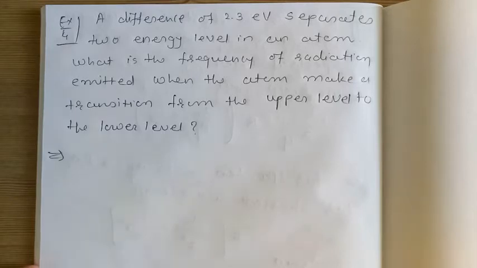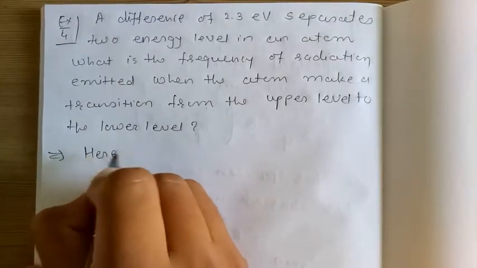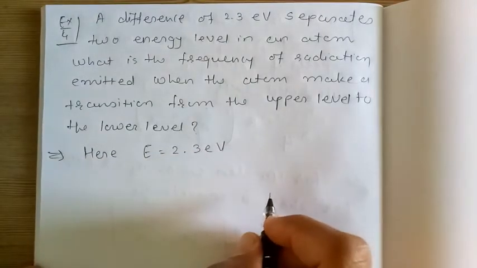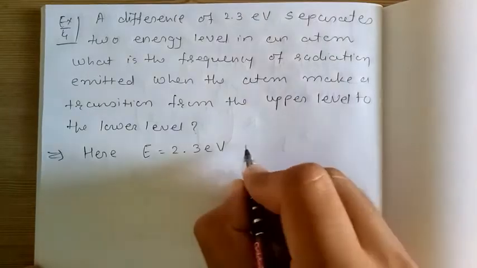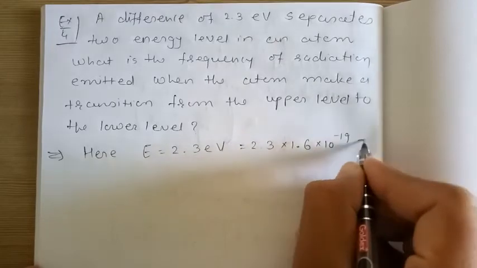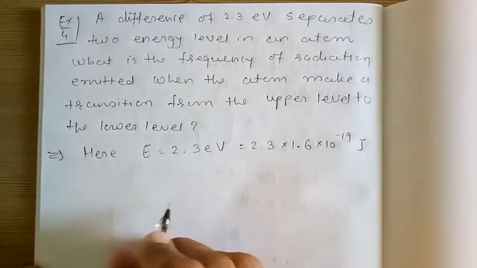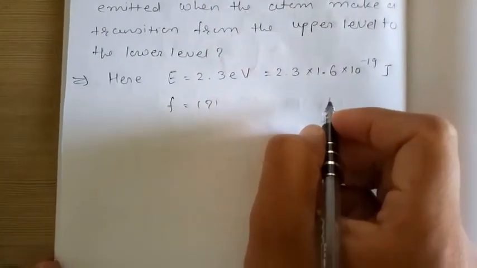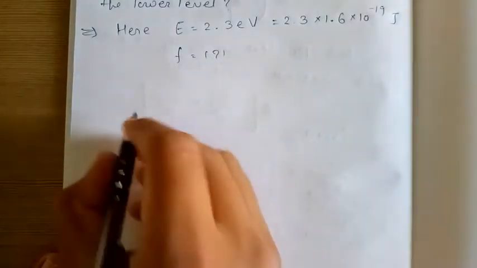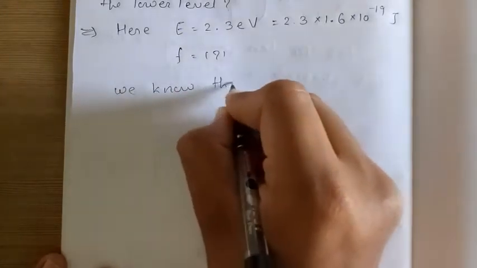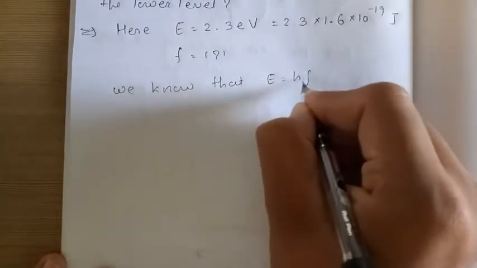So simply we use the formula E is equals to HF. Here E is equals to 2.3 eV, but we have to convert this energy into joule. So 2.3 into 1.6 into 10 raised to minus 19 joule. We have to find out the value of frequency F, so we use the formula E is equals to HF.